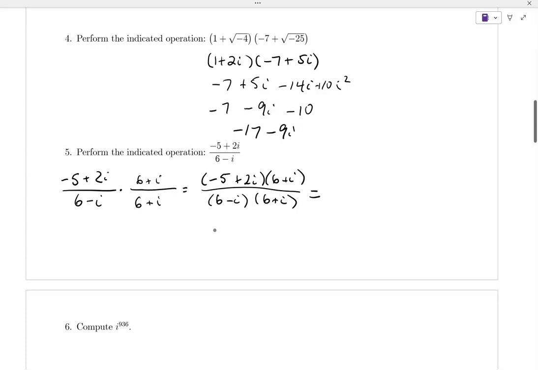Okay, what do you get when you distribute the top? When we multiply out the top, what do we get? Yeah, it's negative 30, okay. Minus 5i, isn't it? Yeah, okay.